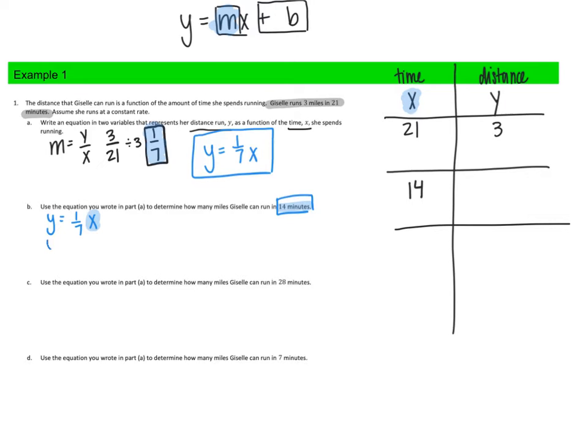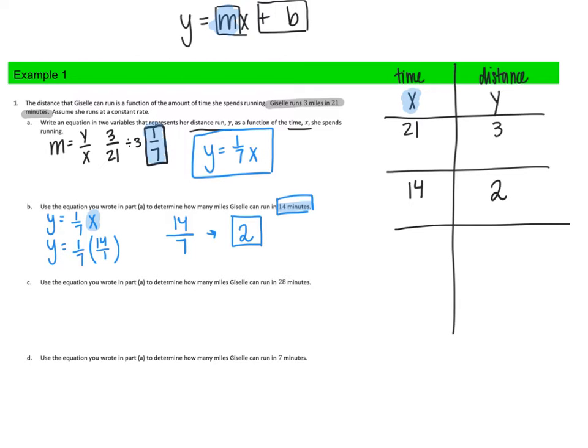Okay, this becomes y equals 1/7 times 14 over 1. Okay, when I multiply my fractions out, 1 times 14 is 14. 7 times 1 is 7. So I get 14 over 7. If I actually do that math, 14 over 7 is the same as 14 divided by 7, which equals 2. So, how many miles can she run in 14 minutes? She can run 2 miles.